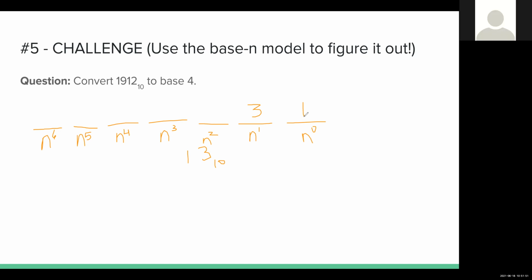The reason why this is trickier is because instead of just subtracting the powers, you have to also multiply the powers to get the largest possible one, if that makes sense.